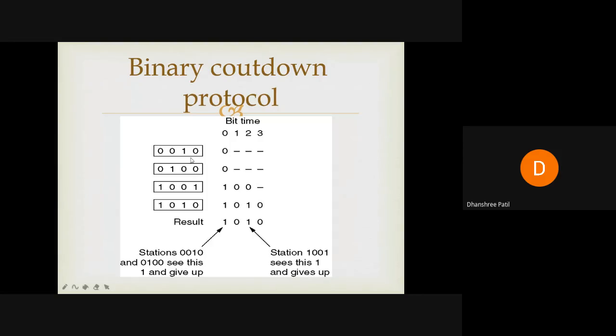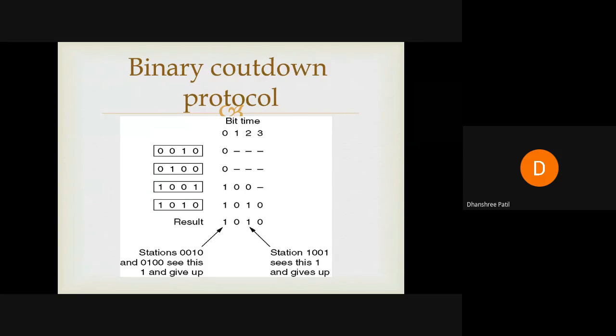Whatever protocols we are seeing, what is the purpose of these protocols? The condition is that there is only one channel and a number of stations want to access that channel for transmission of frames, and all these protocols are used for that purpose only.